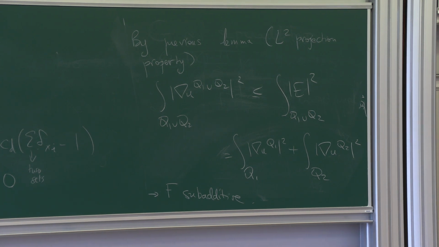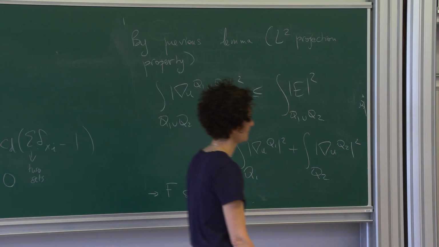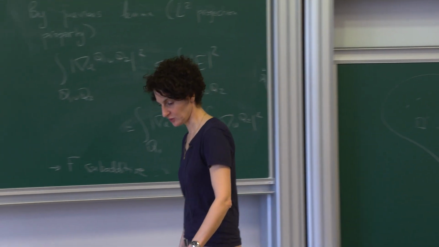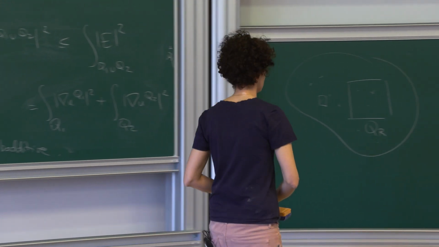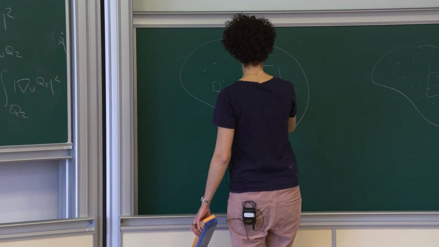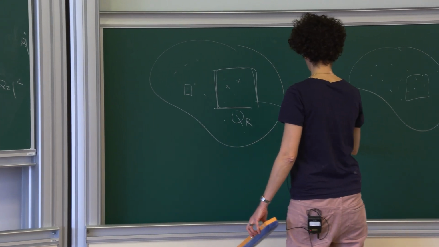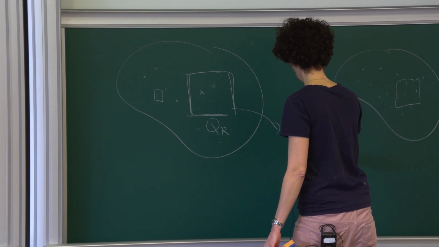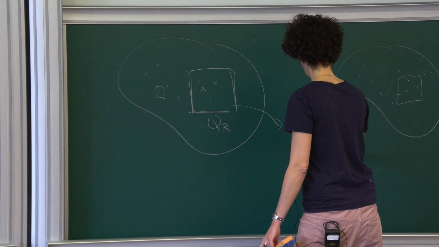Okay, so what's nice now is we have two quantities which are sub and super additive. Notice one thing: if you have a square like this, a cube, and you solve for this u, Laplace u equals blah, du d nu equals 0.